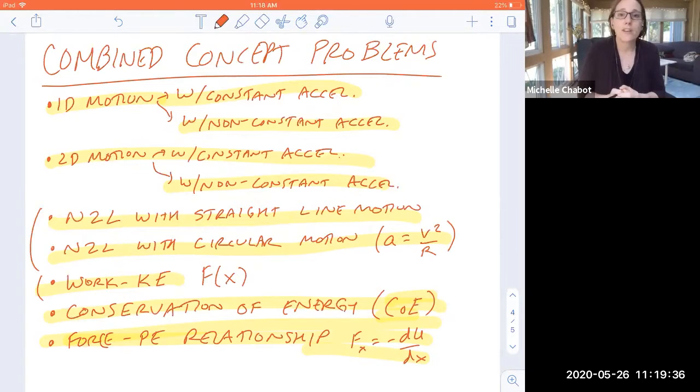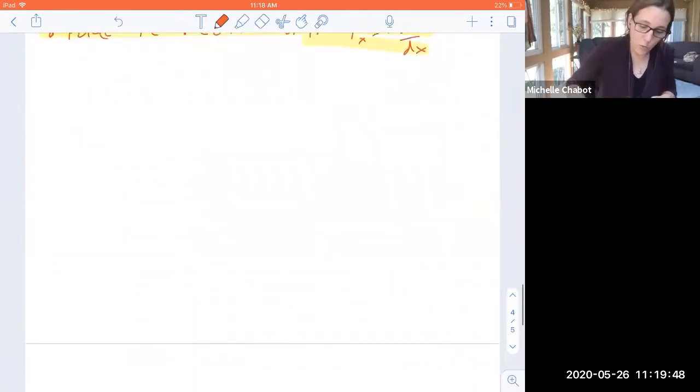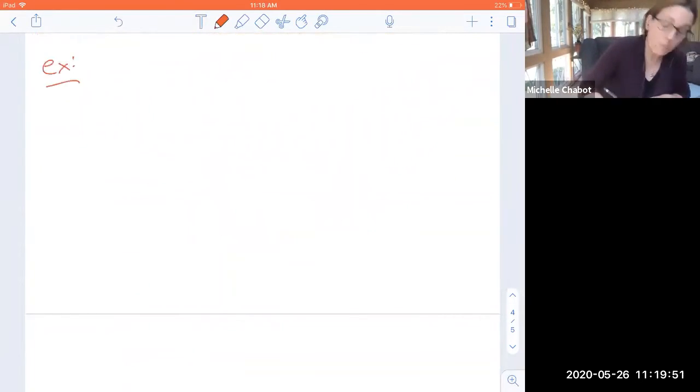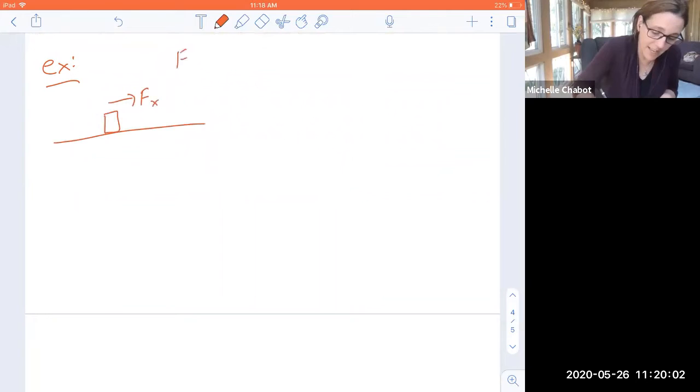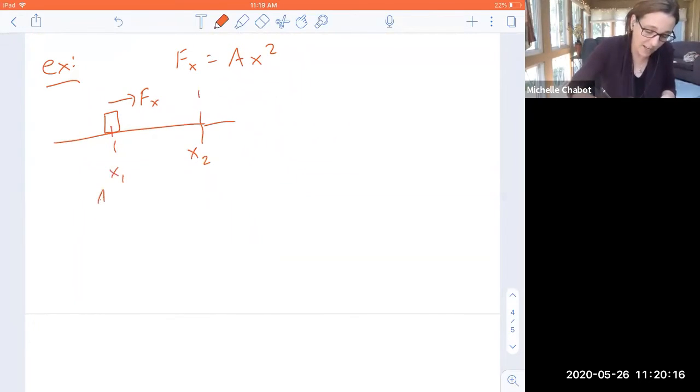In terms of conservation of energy, remember you have to have a start and an end. Very often there might be a change in height involved, or you might have some amount of energy lost to friction. A good example of combining the previous module with this one: say something is traveling along a level road and you're applying a force F sub x, given as some function, say a x squared, that acts until some position, let's call this x2, and it starts at x1 at rest.